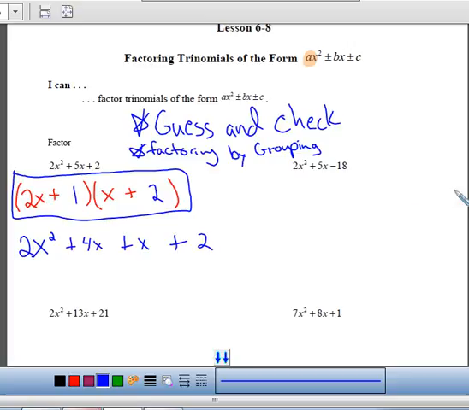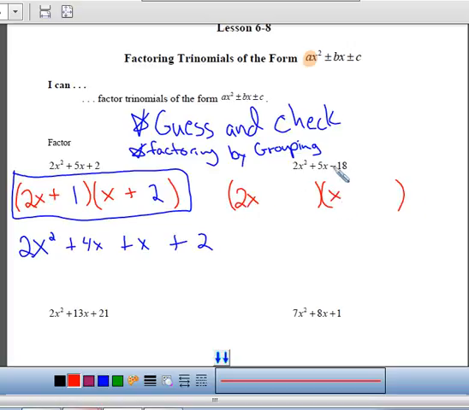Okay, let's go ahead and do one more problem. We'll do the one right next to it. So again, we have 2x squared. Now this time it's plus 5x and then minus 18. So you can start to set up the things that you know first. So I know 2x squared is going to come from 2x and x.